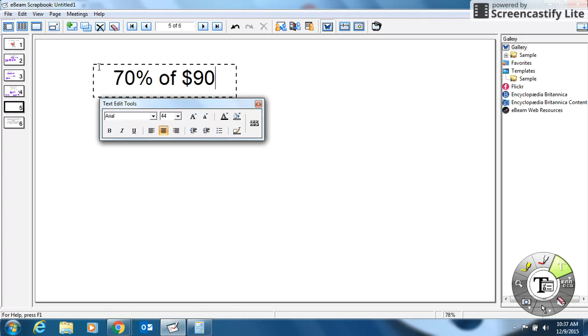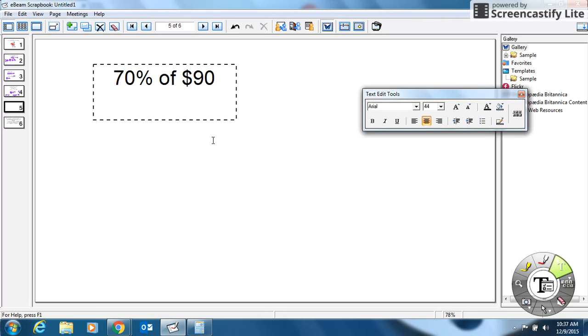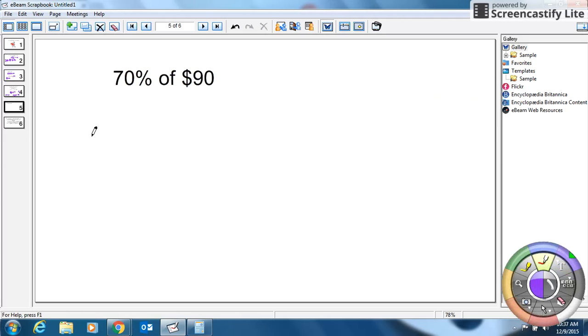So what is 70% of 90? Well, I know that 70% would be 70 out of 100, right? And I know that I can reduce that. Take the zeros down, and so that's 7 out of 10. I need to write that as a decimal, so 7 out of 10 is 0.7.